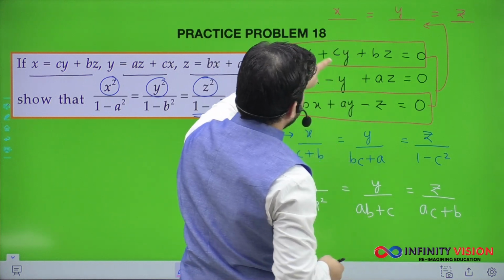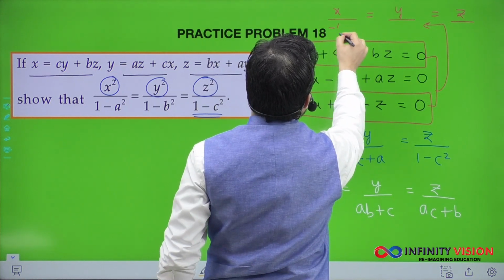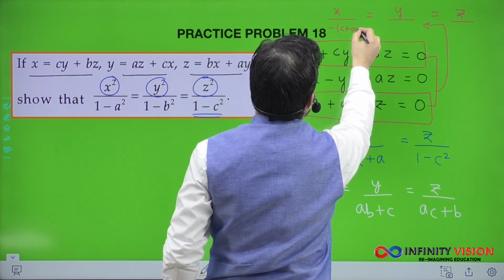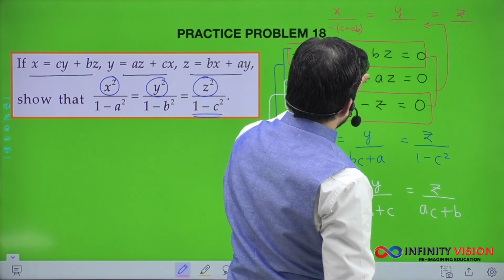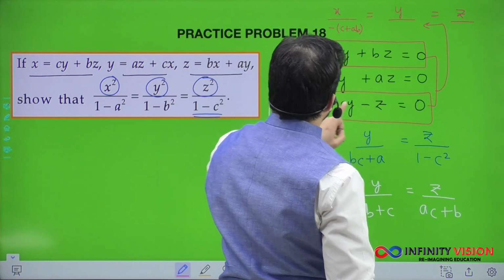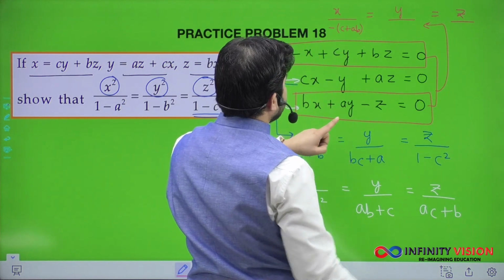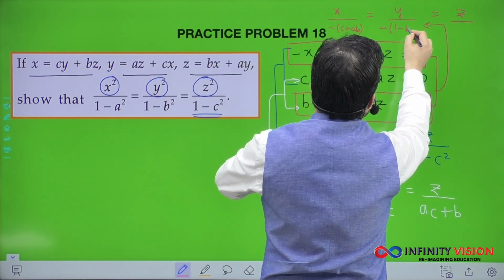So c will go with minus 1. So minus c minus ab. So I'll just write minus of c plus ab. And for y, I'm just going to hide this y. So b will go with b, that is b square, minus of minus 1 into minus 1, that is plus 1. So b square minus 1, so I can write minus of 1 minus b square.